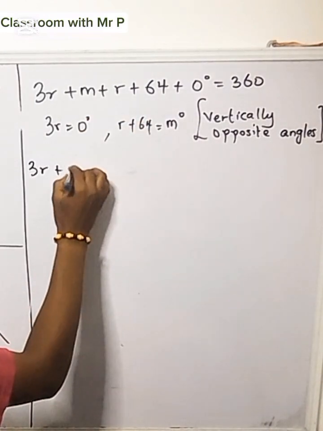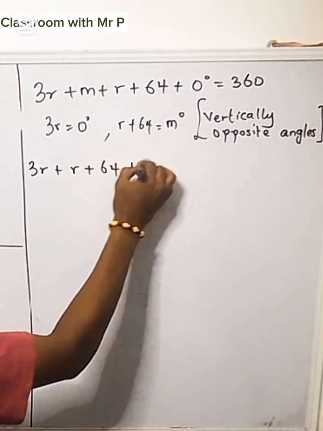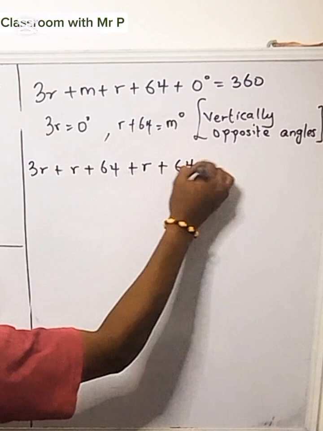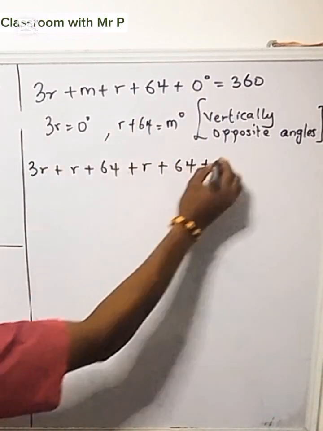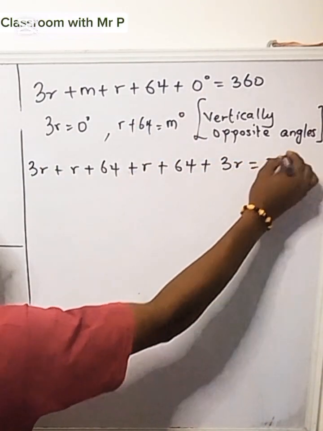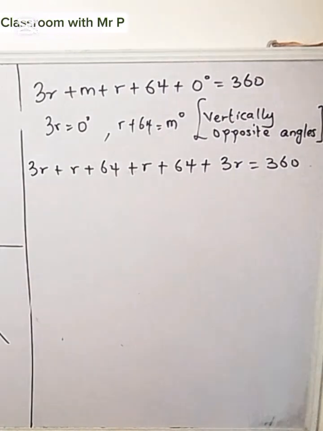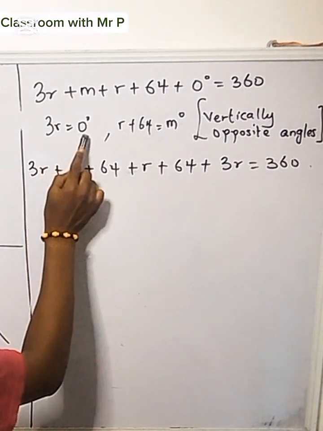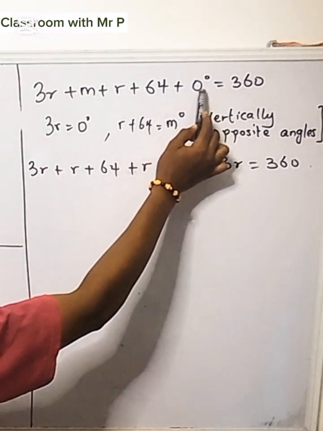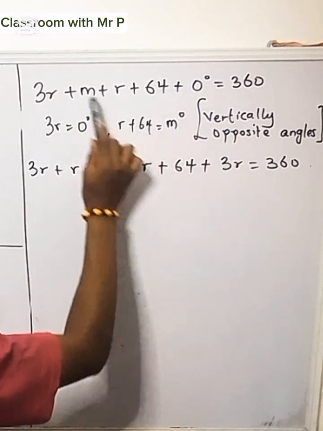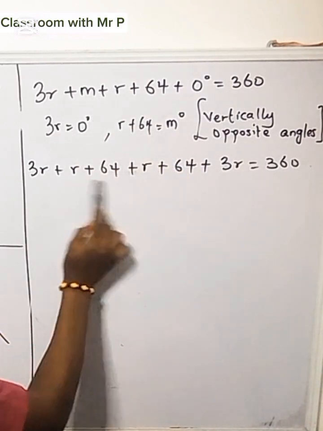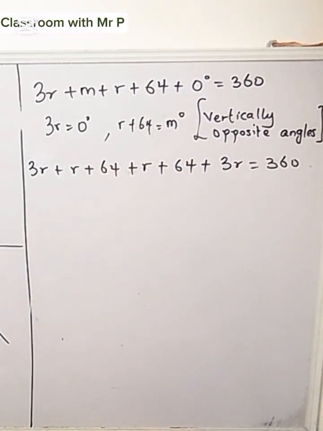I will call it R plus 64 plus R plus 64 plus, instead of writing O, I can write 3R again equals 360. So what I did is I just substituted 3R for O. So where I had O, I put 3R. Where I had M, I put R plus 64. You can see it.